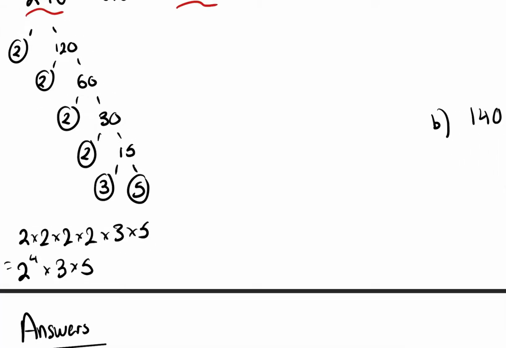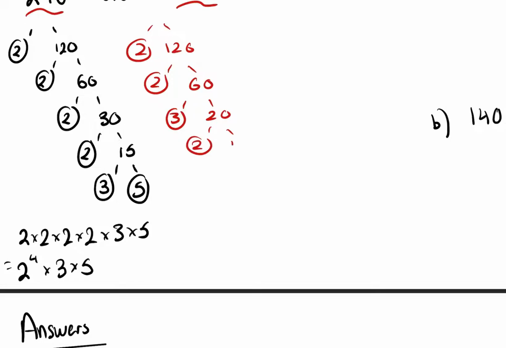Let me just show you, I said here, what would happen if I went 2, 120, 2, 60, and I said, what if I stopped here and went 3 instead? Well, you're still going to end up with the same answer, so don't worry about that. We've got 1, 2, 3, 4 2s, yep, 1 5 and 1 3.